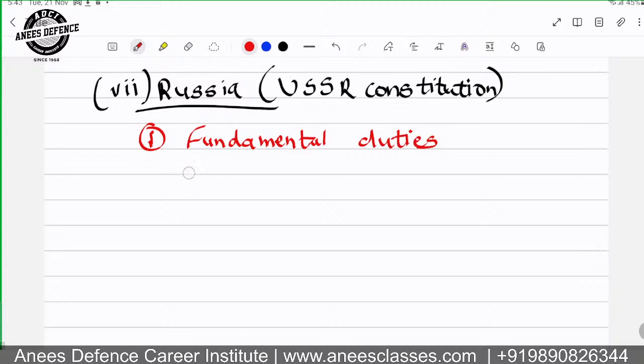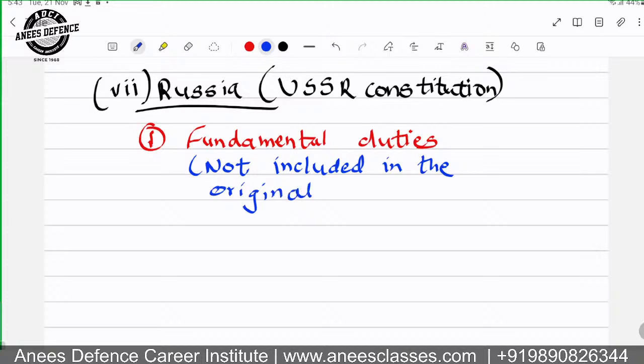This part was not included in the original constitution.